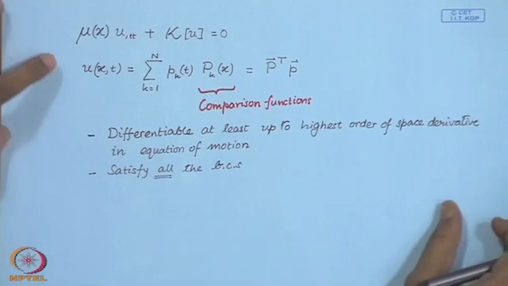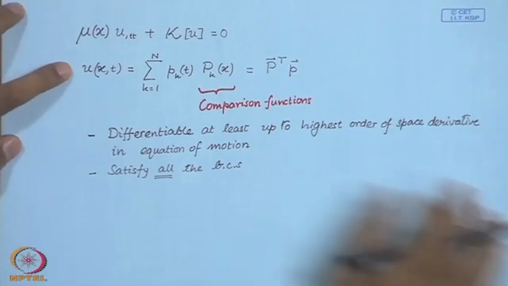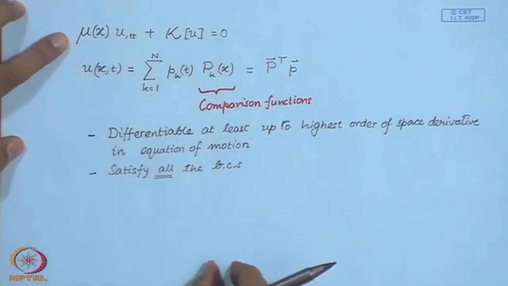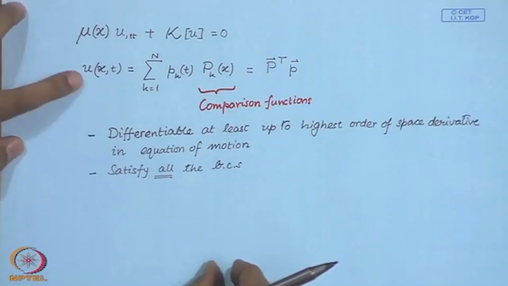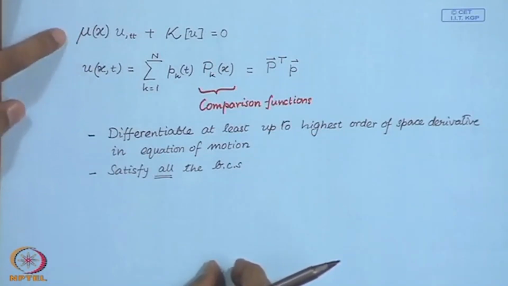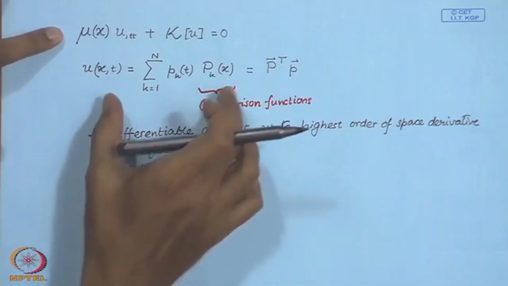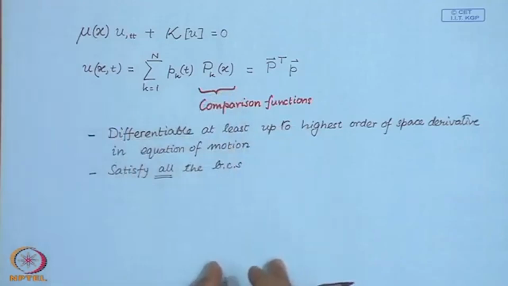If I substitute this expansion in the equation of motion, then of course, I do not expect that this solution will satisfy this equation of motion, because in any case this is an approximate solution.